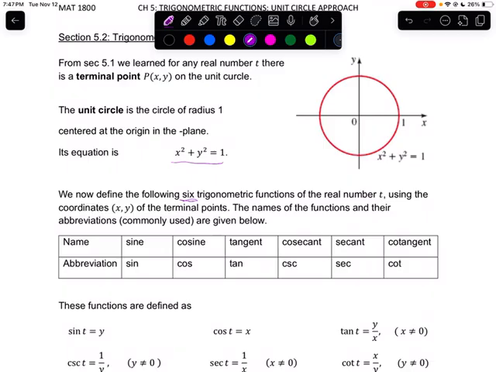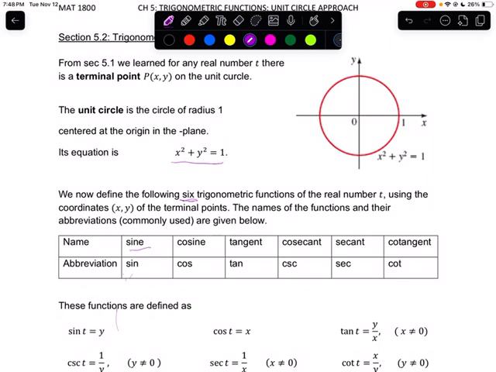For the sine function, we write sin, but we say sine. The cosine function we write cos, but we say cosine. Tangent, the abbreviation is tan, but we read it as tangent.